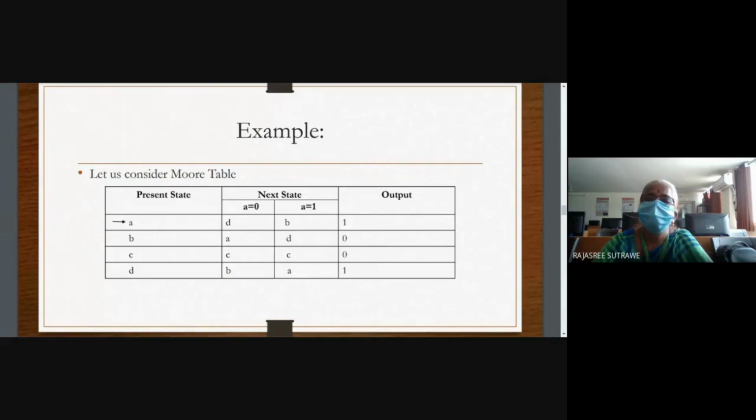as it is. A, B, C, D, everything you have to write as it is. Let me complete the table.